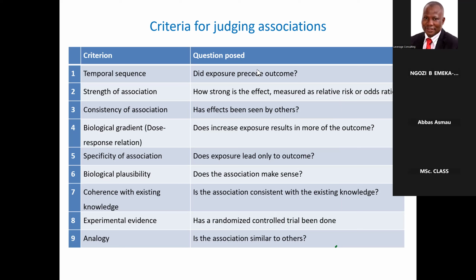Then specificity of association. Does the exposure lead only to the outcome? Though it's not the most important thing, if they say this thing causes only this outcome, does the association lead only to the outcome?